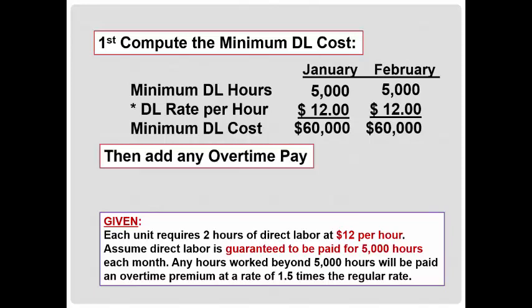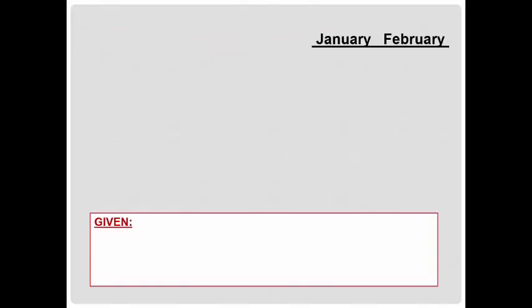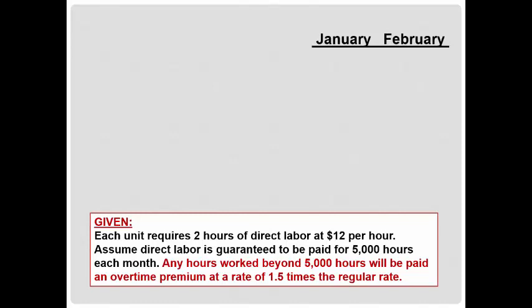Now we'll need to add to that any overtime premium. So in order to figure out the overtime premium, we need to remember that after 5,000 hours, direct labor will be paid an overtime premium at a rate of 1.5 times the regular rate. So we first need to figure out how many hours are actually going to be needed in both January and February.